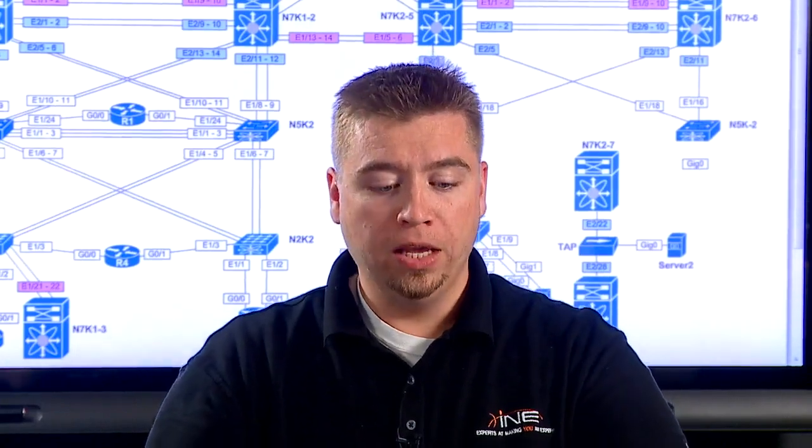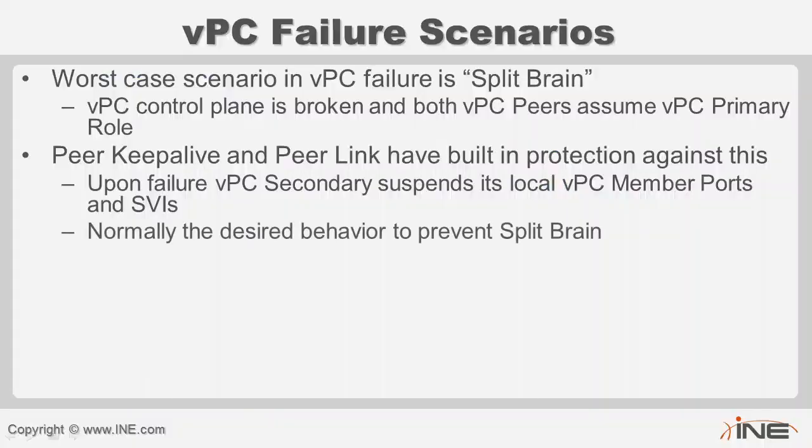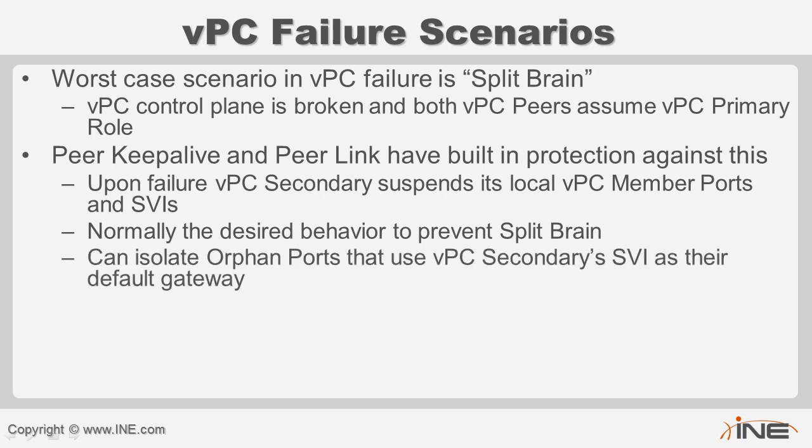So it's going to shut down its local ports and allow the vPC primary to continue to forward the traffic. Under most cases, this is what we would want, to prevent the split brain or the active-active, where both of the devices become the vPC primary and we have a problem in the layer 2 forwarding. But there are some potential negative impacts of this, especially when we have orphan ports in the vPC topology.